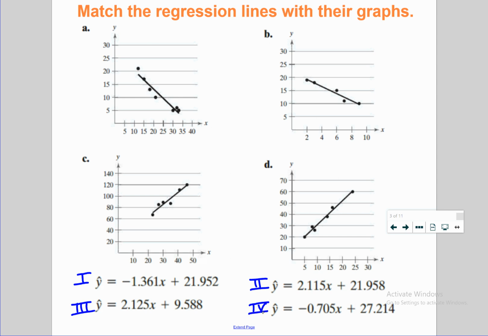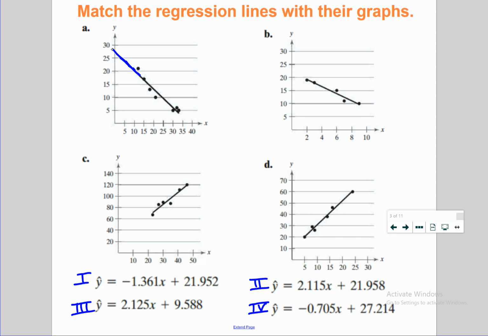We're going to try to match these graphs to their lines of best fit, so their slope and y-intercept. Remember, slope is rise over run. Positive slopes go up, negative slopes go down, and the y-intercept is where it's touching the y-axis. These ones didn't extend the line all the way through, which I don't love, but you can do that yourself to approximate where it's going to cross the y-axis.